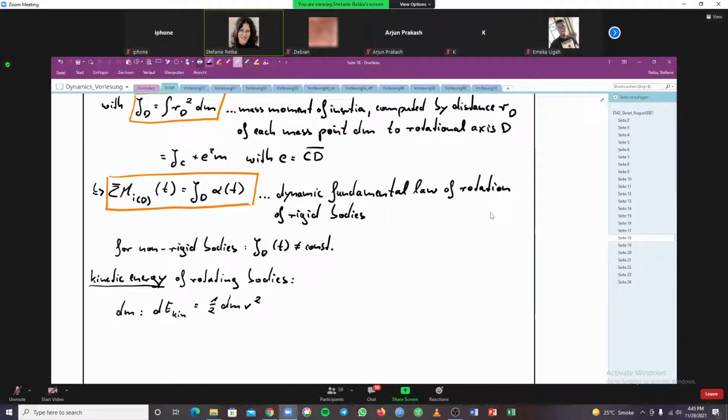In our case, the mass is this small mass element dm, and our velocity in case of a point mass moving along a circular path can be described by r times omega squared.